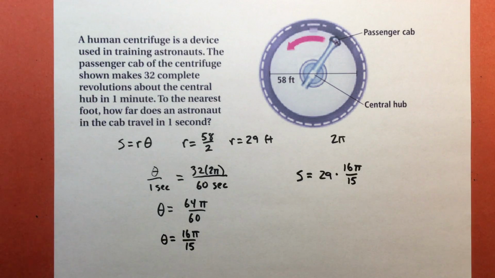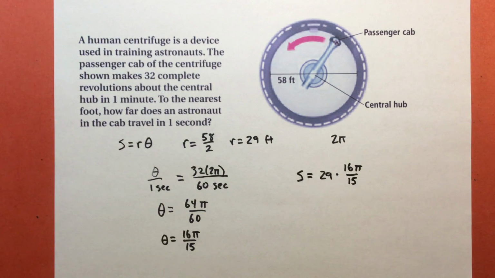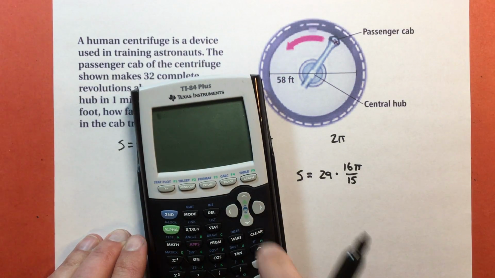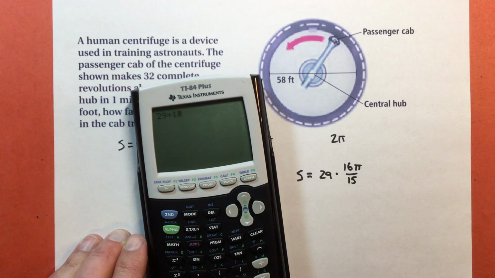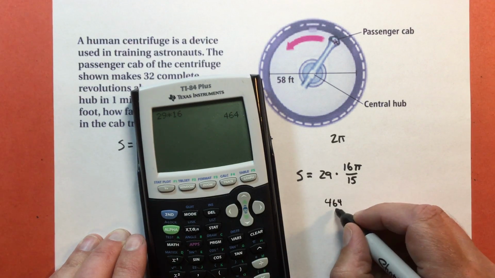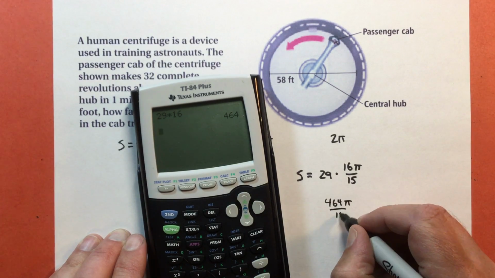Actually, I probably need a calculator for that one. 29 times 16, and I got 464 pi over 15.